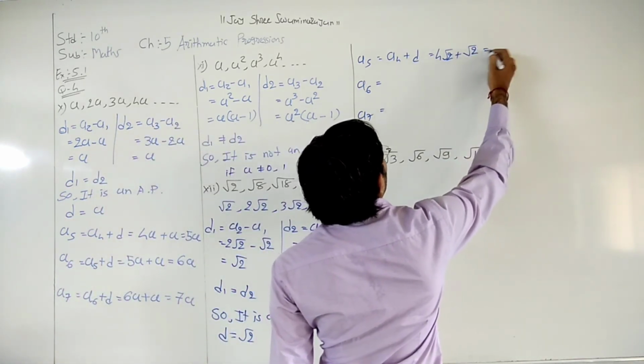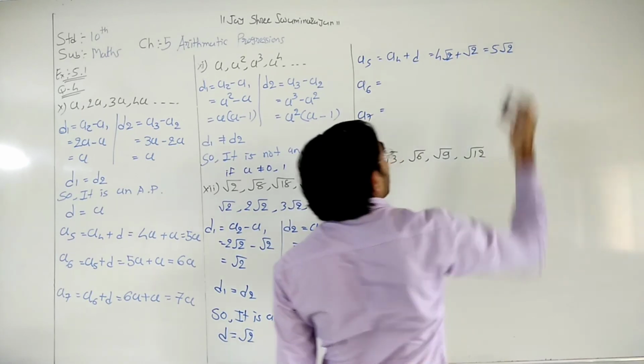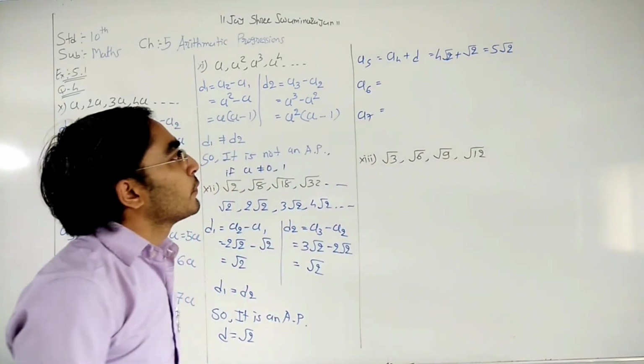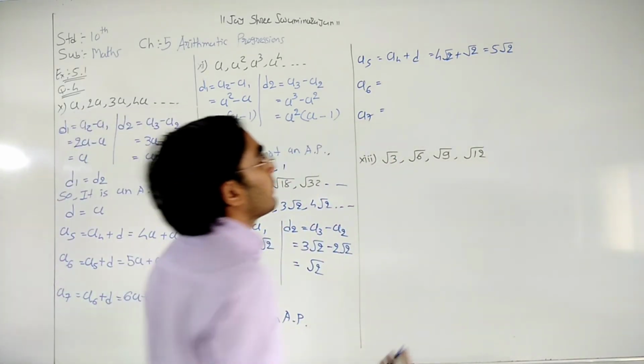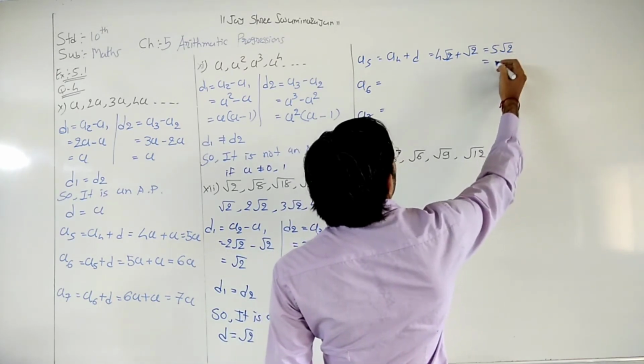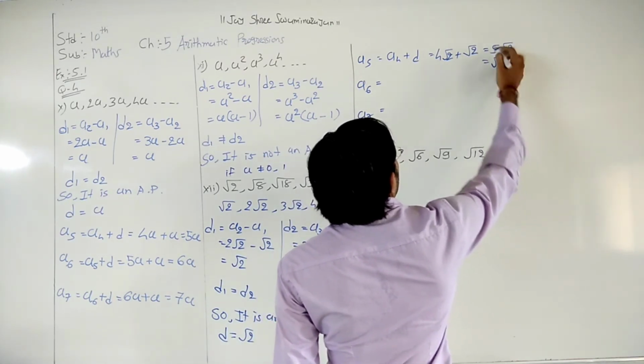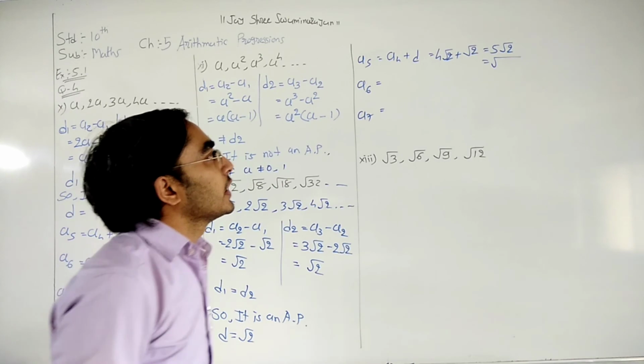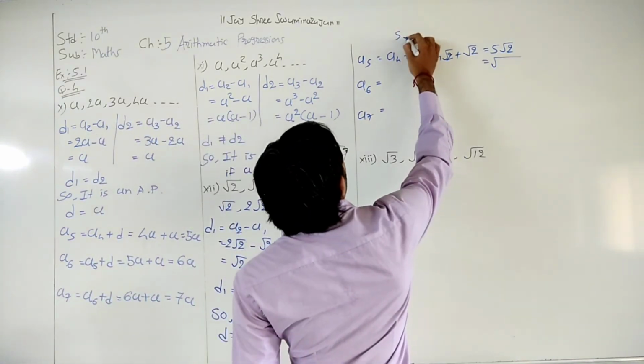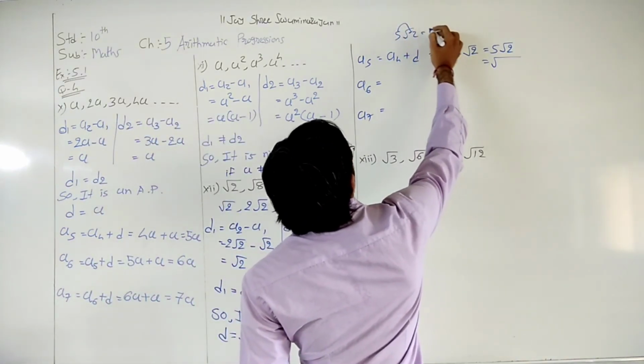So 4 under root 2 plus under root 2 is 5 under root 2. We can also transfer this 5 into the under root.